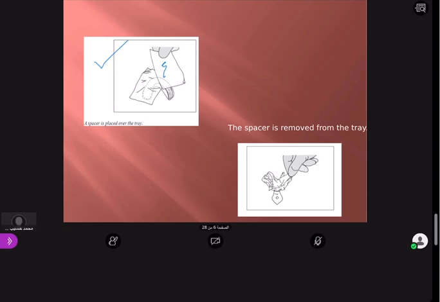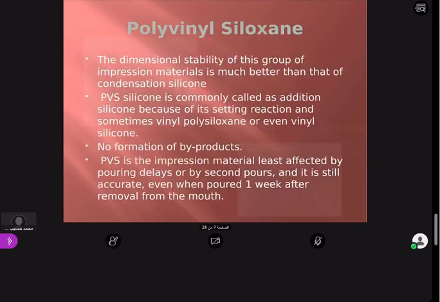When we remove the tray with the spacer from the patient's mouth, we peel the spacer off. Then this spacer provides the space for the other material, which is the light body material. By this we complete the impression in two steps.